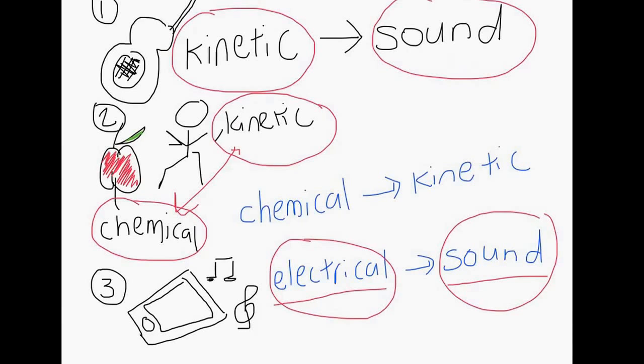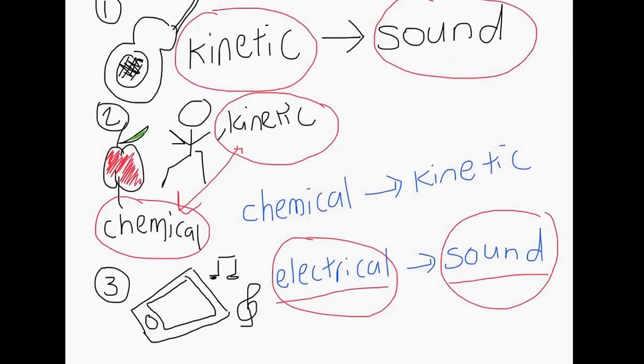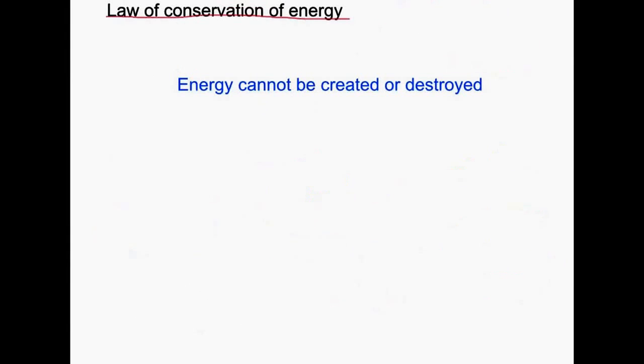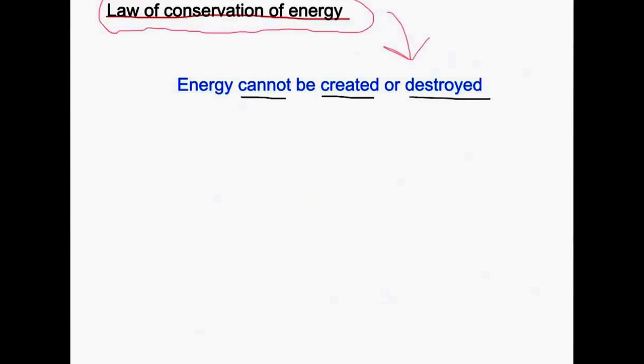So let's recap on what you need to know. This brings us to something called the law of conservation of energy. Basically, what this law says is that energy cannot be created or destroyed.